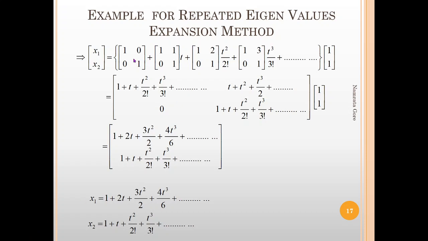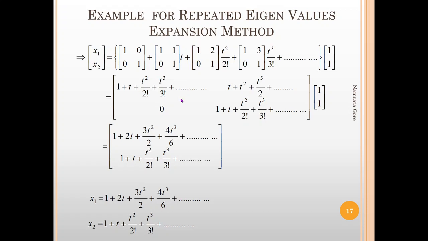Now simplifying that expansion, or substituting the matrix in the expansion, the identity matrix is 1, 0, 0, 1. Matrix A is 1, 1, 0, 1. Square of matrix A, cube of matrix A. And now solving these matrices, that is 1 plus 1t plus 1 t square by 2 factorial plus 1 t cube by 3 factorial.